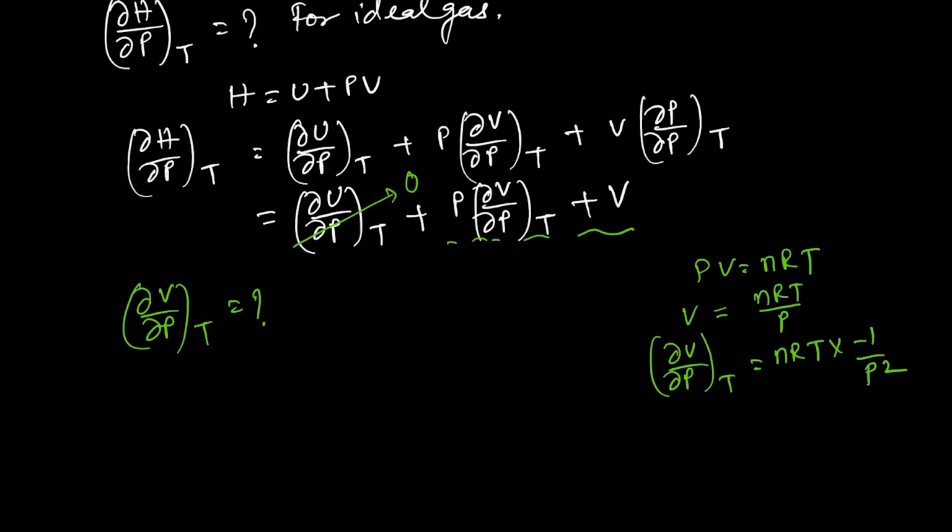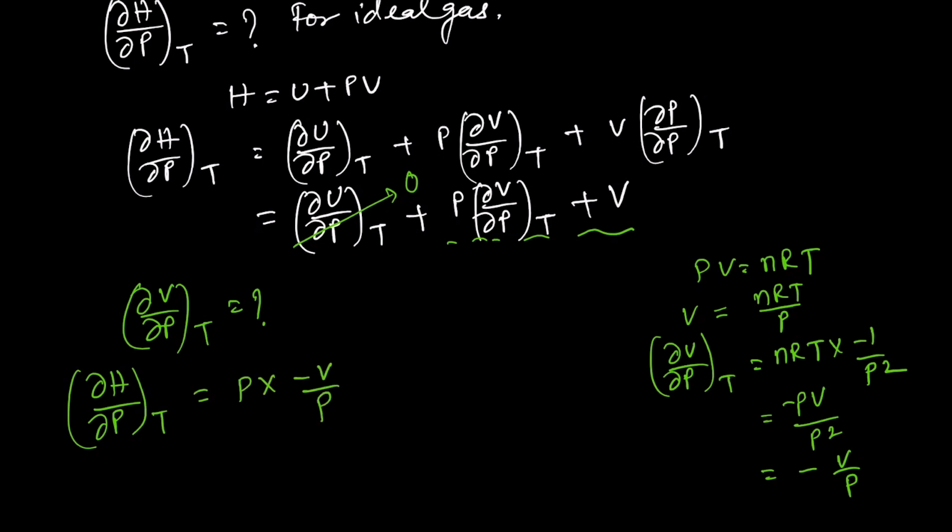And what is nRT? nRT is again PV, right. So, PV by P square, so minus V by P. So, I am going to put that. So, del H by del P at constant T is equal to P into minus V by P plus V, which is giving me minus V plus V, 0.